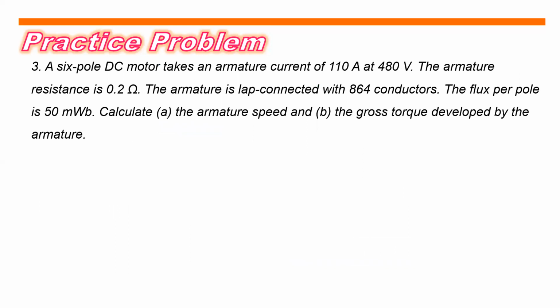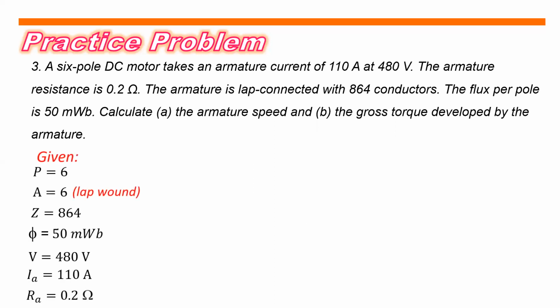Let's have problem number 3. A 6-pole DC motor takes an armature current of 110 amperes at 480 volts. The armature resistance is 0.2 ohms. The armature is lap connected with 864 conductors. The flux per pole is 50 milliweber. Calculate A, the armature speed, and B, the gross torque developed by the armature. So we have the following given. The number of poles is 6. The armature parallel path is equal to 6 because that is lap wound.